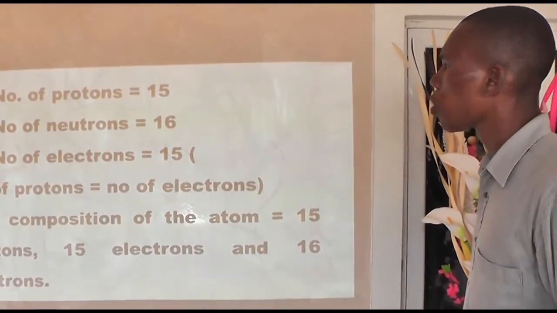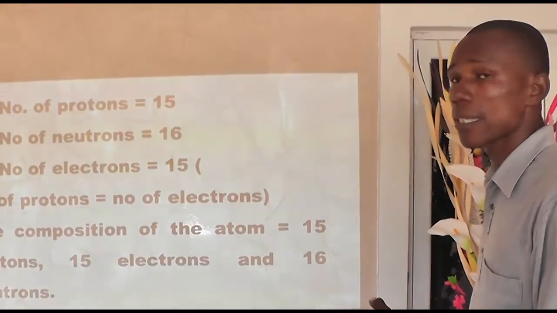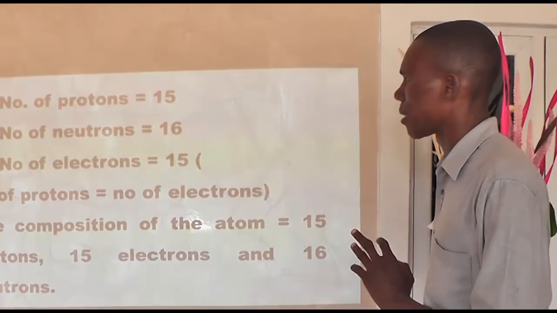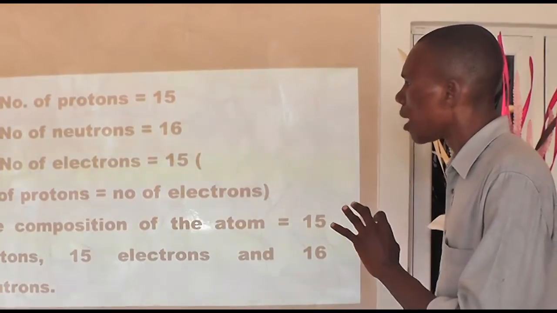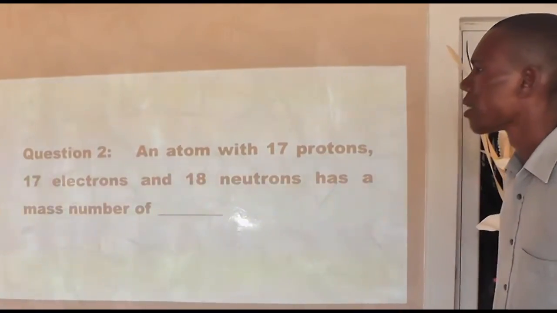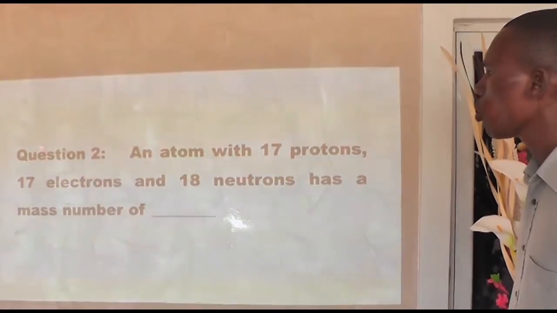And the number of protons we can also deduce from the question as 15. I hope you understand. But please, as a way of exercise, do try subsequently some other elements on your own. Question number 2.